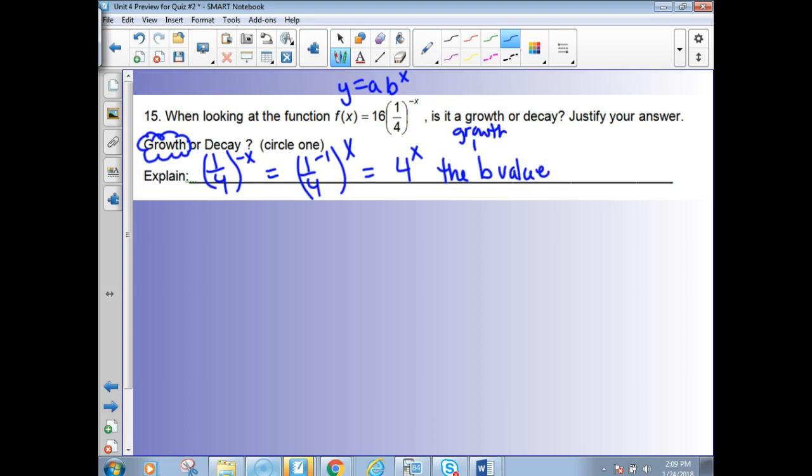you don't have to write both these things. I need at least the b value. I'm sure most of you will write that, which is called the growth factor, is greater than 1. Or if you wrote b is greater than 1, so it's growth.